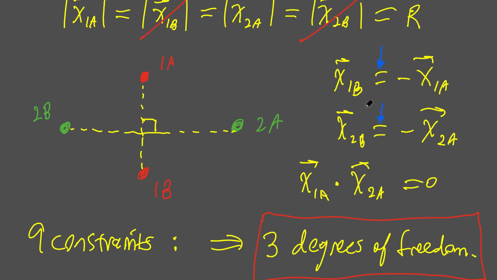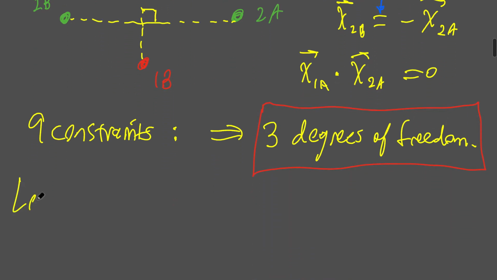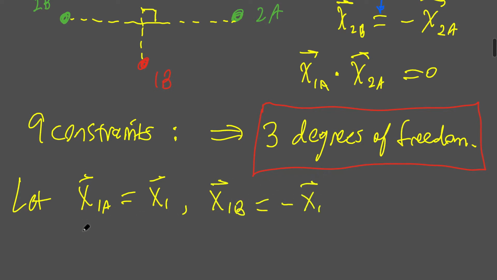So these constraints are imposed by letting x1a be simply x1 and x1b be minus x1, and likewise x2a will denote x2 and x2b is minus x2.